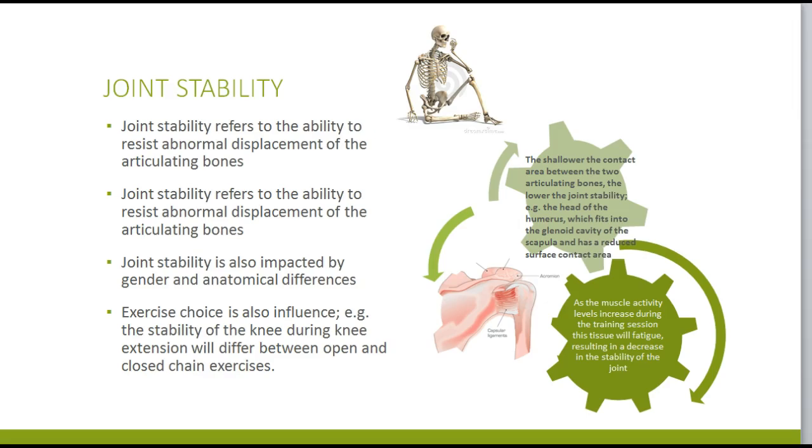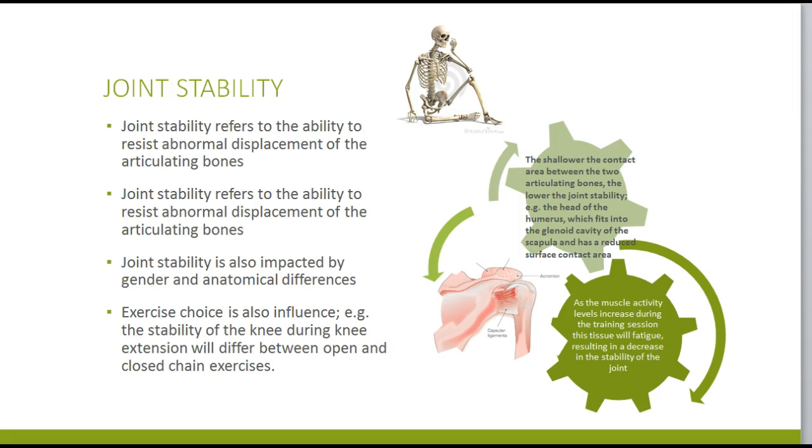I'm going to look at bone stability here. When we talk about bone stability, we're talking about how your bone sits within the joint. It really refers to the bone being able to stay in place under normal circumstances.